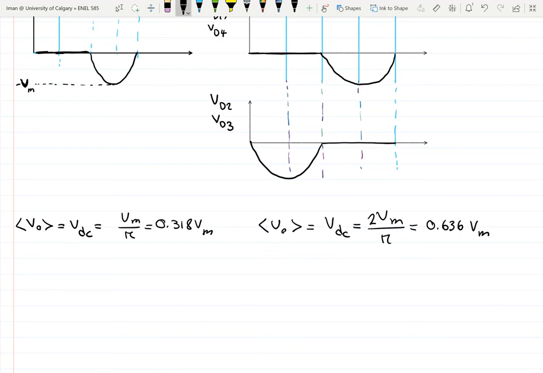Some of the other important things that we can look at is the RMS voltage.